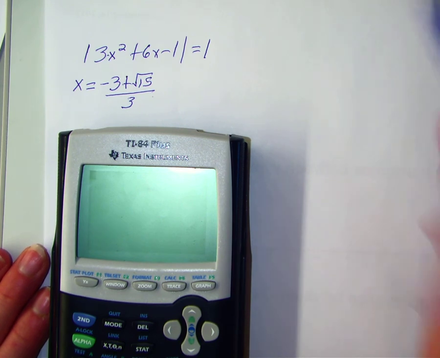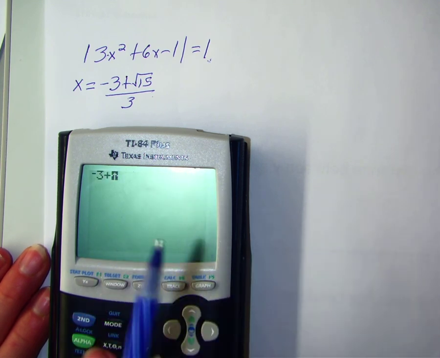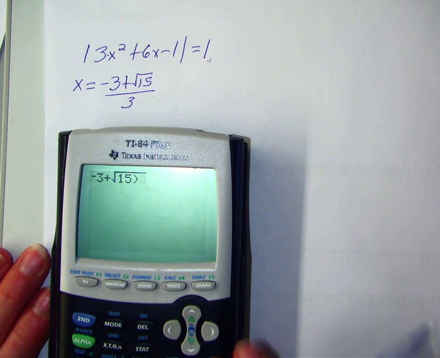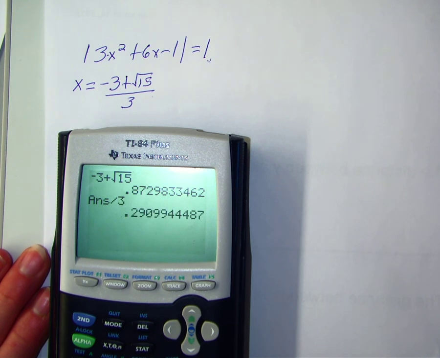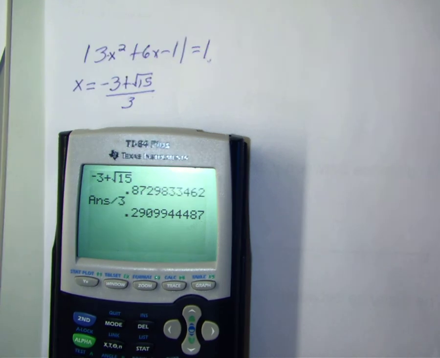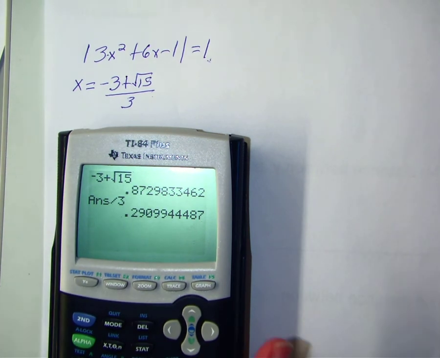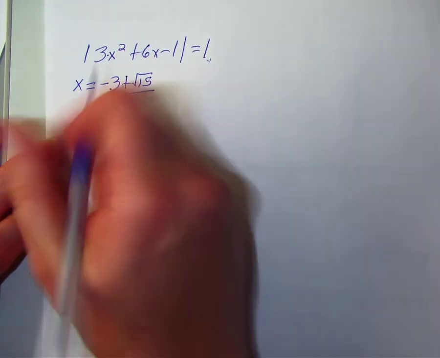So if I do -3 plus the square root of 15, and then divide that by 3, I have approximately 0.29. So I'm going to use that decimal approximation. X is approximately 0.29.